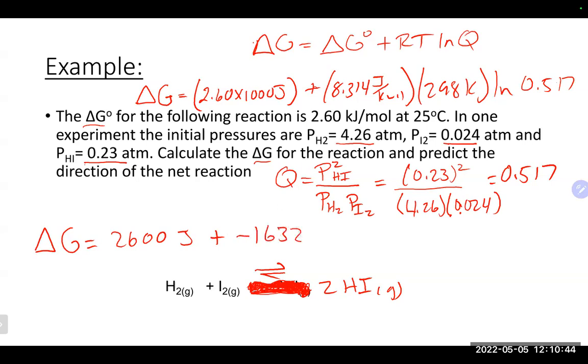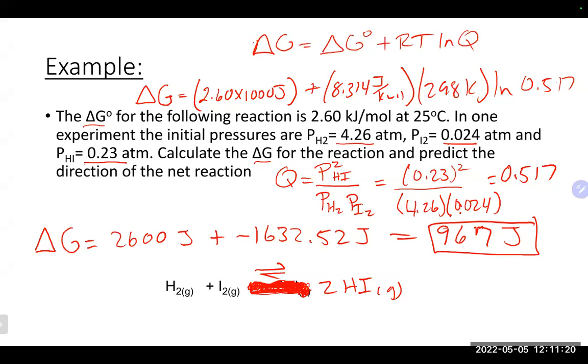It looks like 0.52 joules. At this point, we can add these together. It gives us 2600 plus a negative 1632.52. Now we'll call it roughly 967 joules, I believe. I didn't screw that up. Any questions on that calculation there?